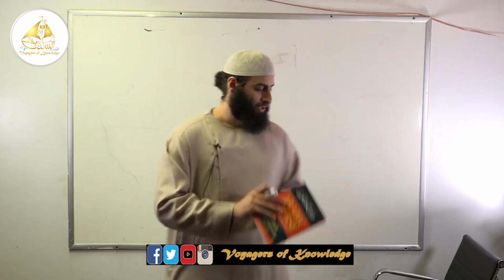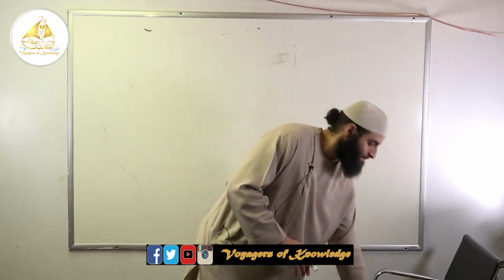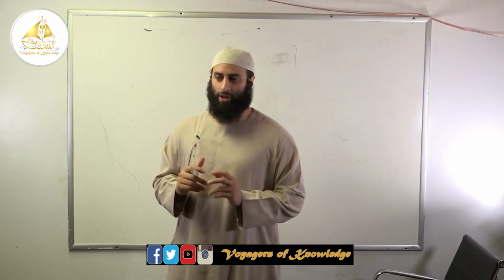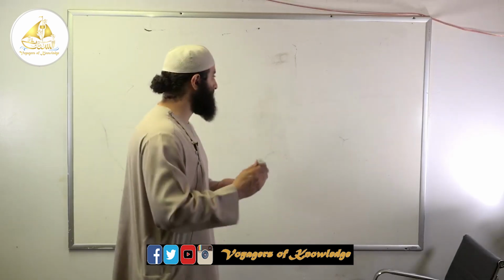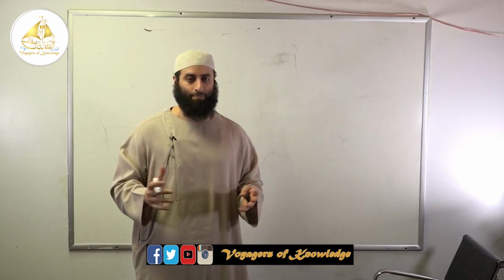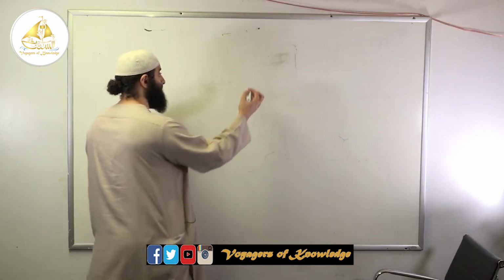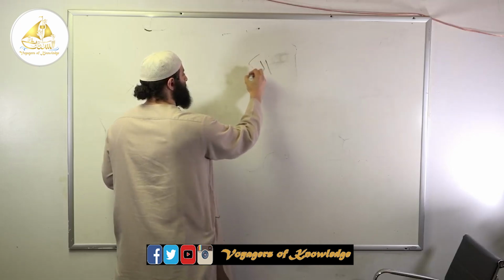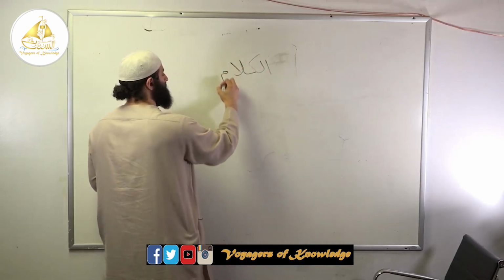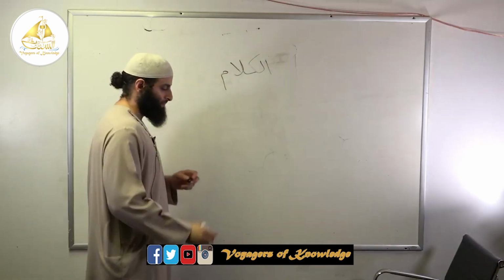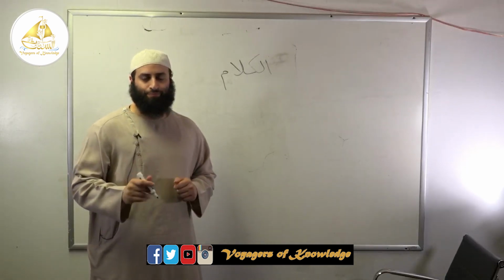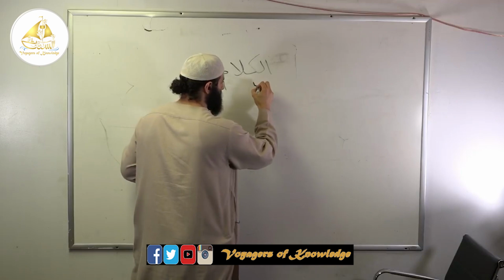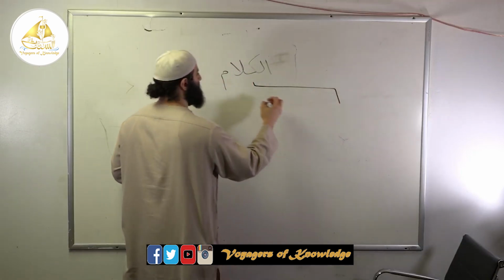Before we get into the book, I want to explain how the Arabic words are broken down in language. You have something known as al-kalam, which means speech or the speech. And al-kalam is going to be of three categories. Oh, look at that. The pen's working good now.